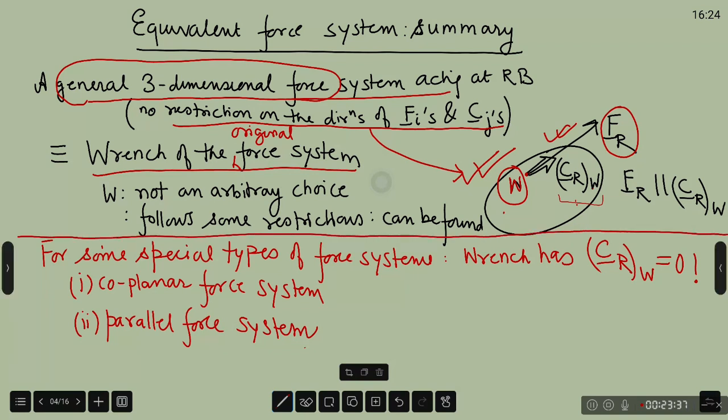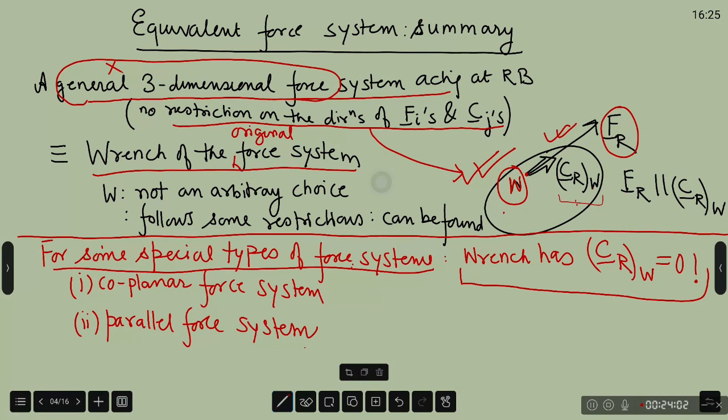However, there are some special types of force systems. Now I am talking about special types. I am not talking about general three-dimensional force systems. There are some special types of force systems in which you can actually get the wrench in which even CRW is equal to 0. What does it mean?